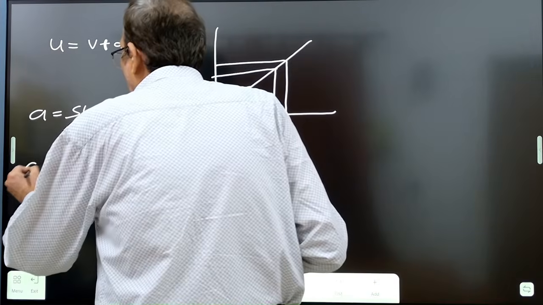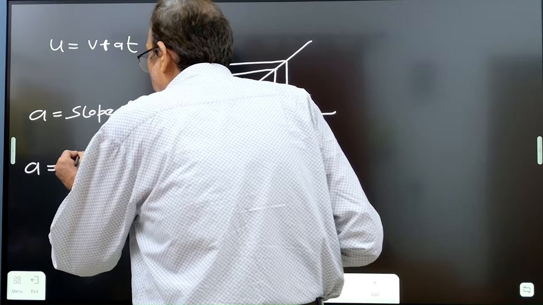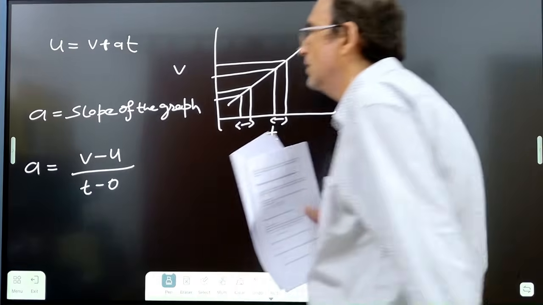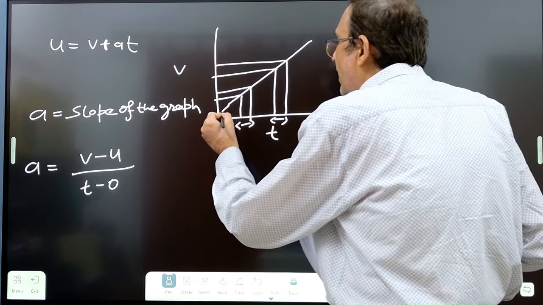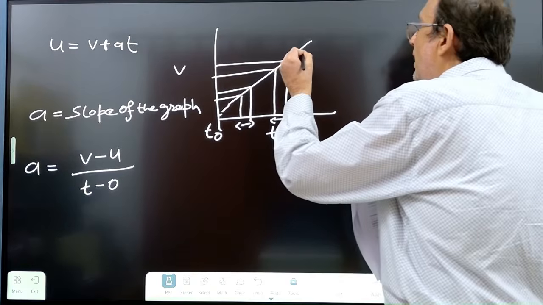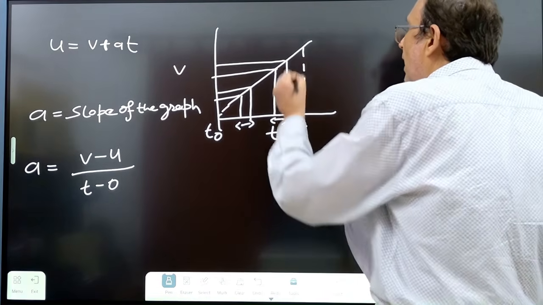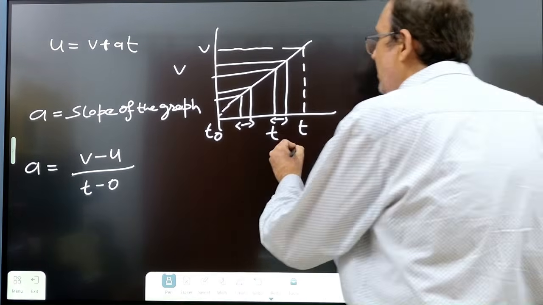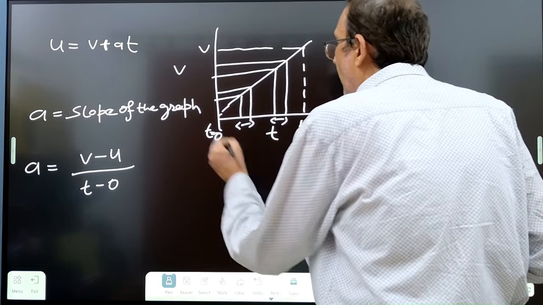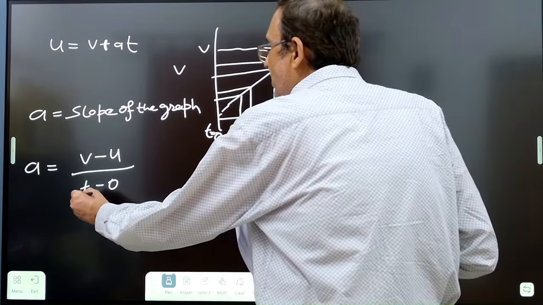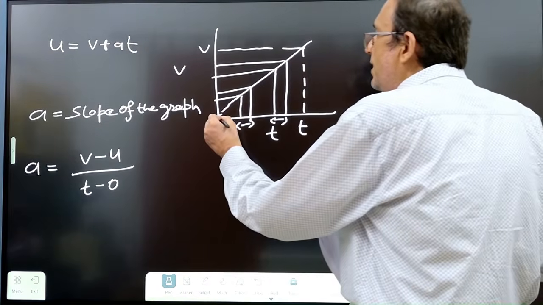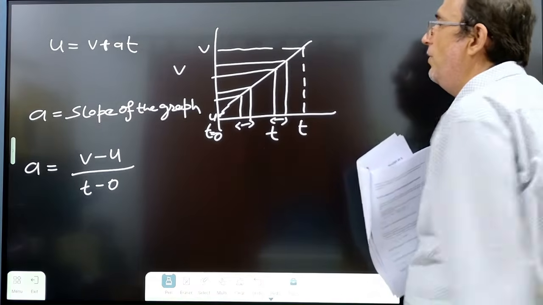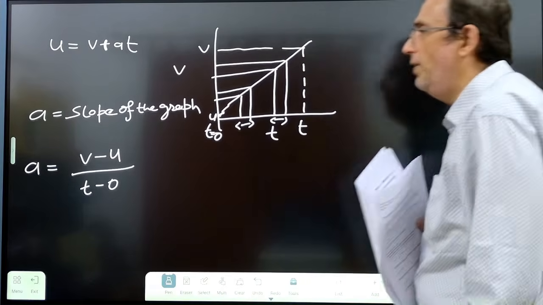So a would be change in the velocity, that is v minus u, over change in time, which is t minus 0. So let us say it started at time t is equal to 0 and it reached time t at the point here with the value v. So the change in time from 0 to t is t minus 0, and if the velocity was u and the final velocity was v, then v minus u over t minus 0 will give you the acceleration.